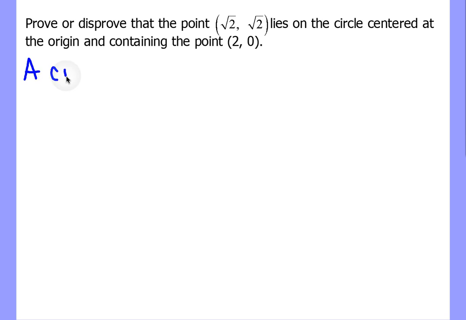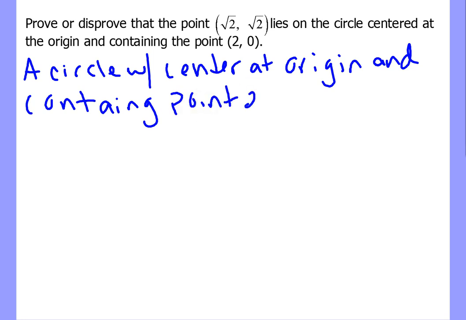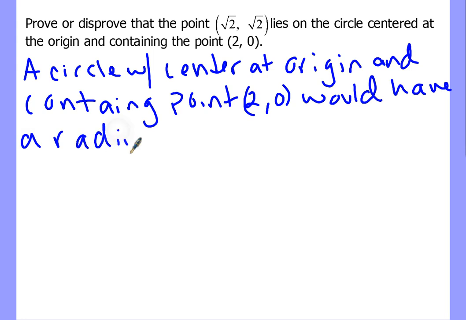So we can say something of the nature: a circle with center at origin and containing point 2, 0 would have a radius as follows.